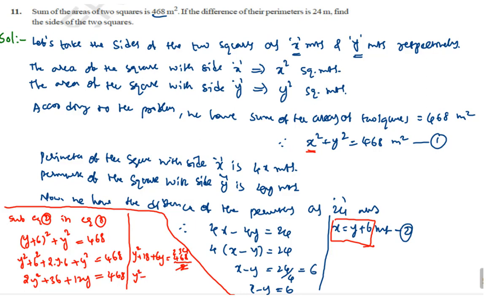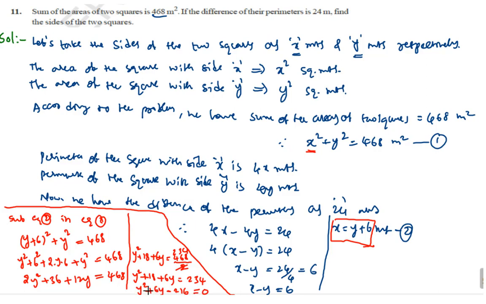So we get y square plus 18 plus 6y equals to 234, and further simplifying we get y square plus 6y. If we bring 234 to this side, it becomes minus, so we have to subtract 234 and 18 here, so we get minus 216 equals to 0. So this is the quadratic equation that we get here.